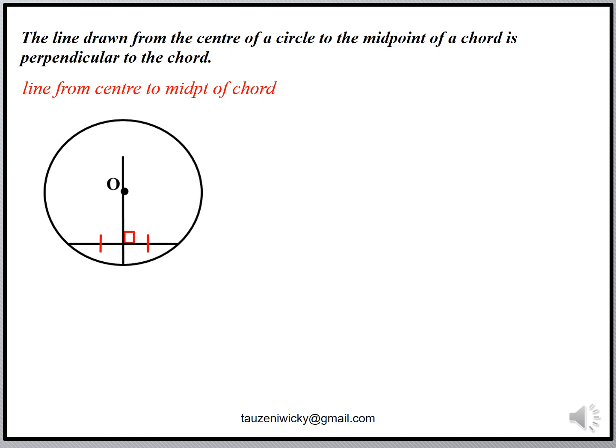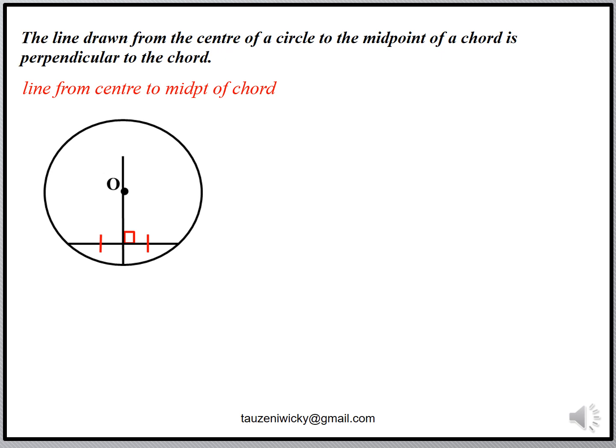So for us to be able to apply the theorem, we need some understanding of previous geometric concepts that we did in the past. The first one is that the radius is the same. You can draw the line from the center to any part of the circumference.